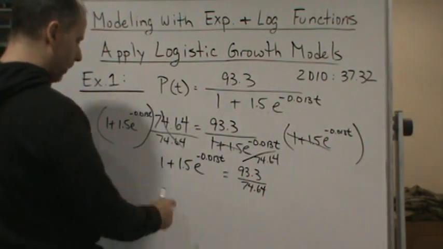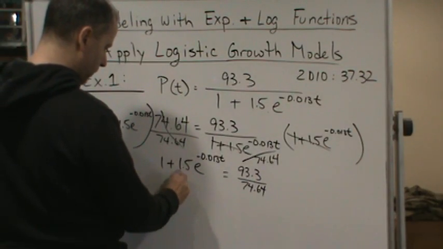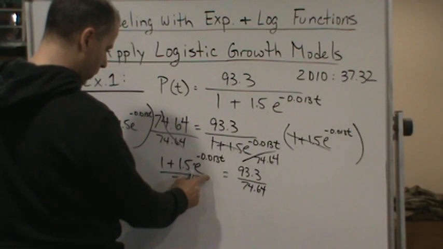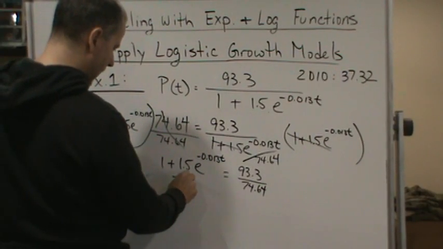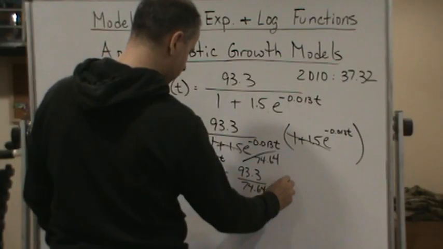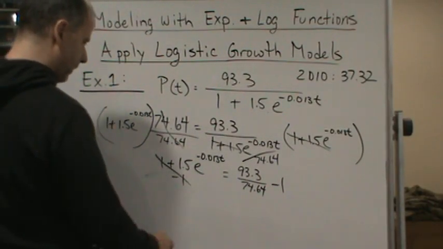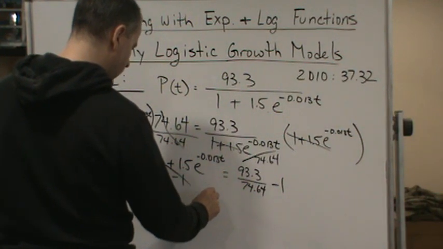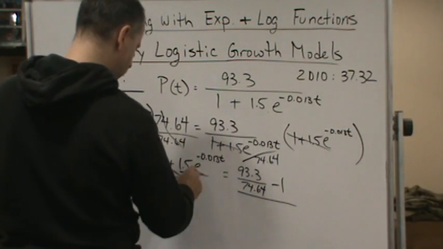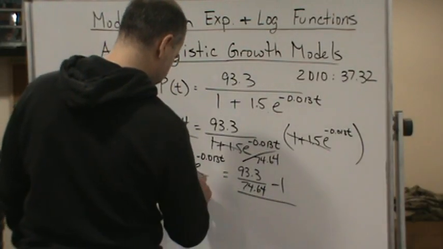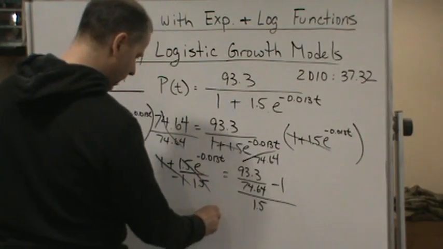Okay. Now I'm going to subtract 1 from both sides, right? So that's going to get rid of that. And then what am I going to do? I'm going to divide both sides by 1.5. And so what do I get?